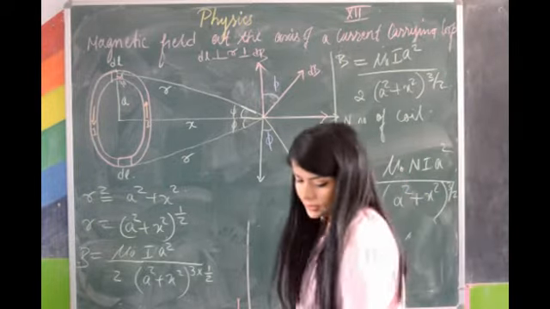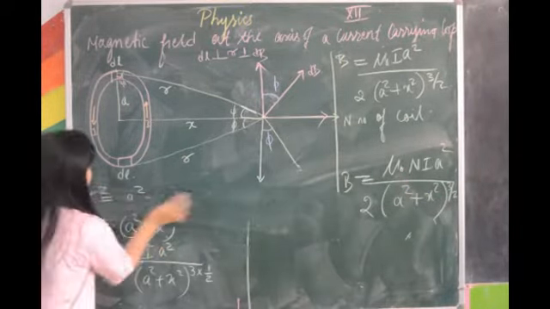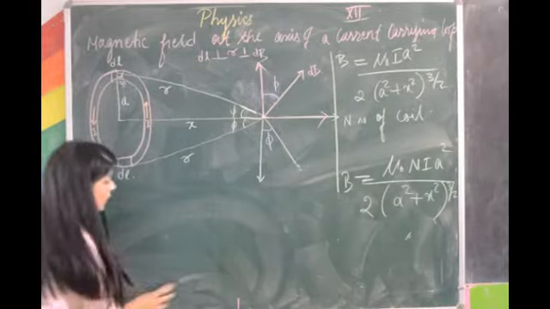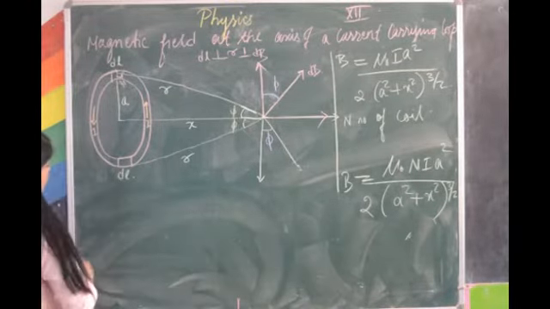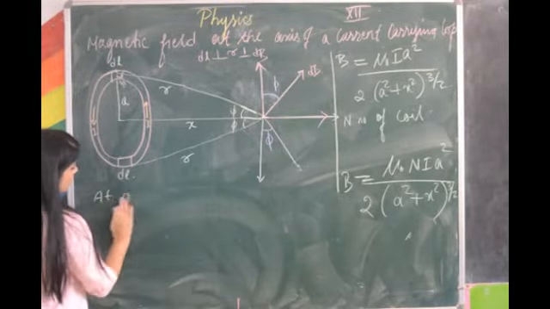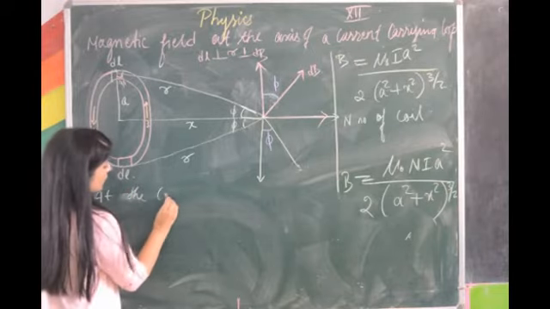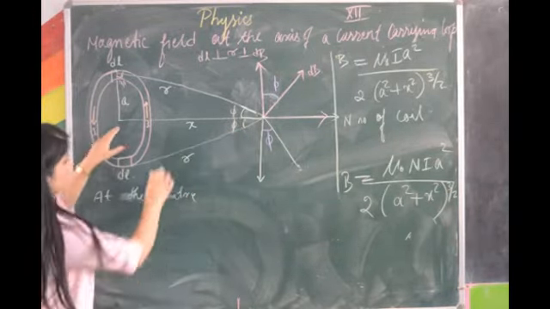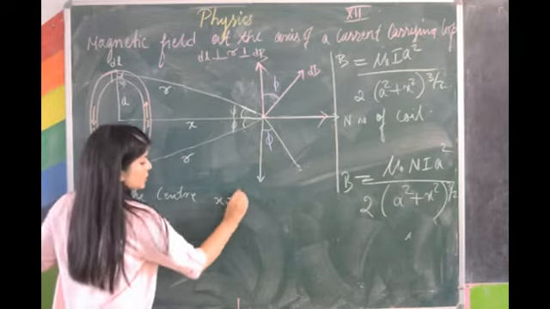Now the last thing, that is the field at the center of the coil. You can look at the diagram. When we find it at the center, if we are considering this point P at the center of the coil, then this x becomes 0.